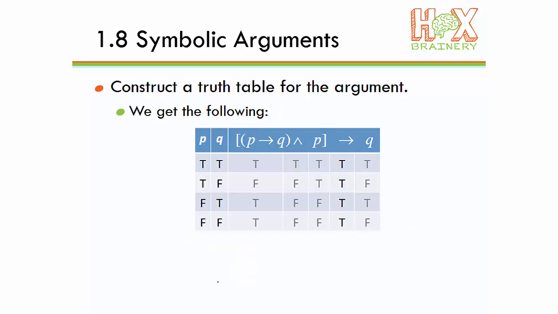Now that we have that, we build a truth table for it. So this was the conditional statement that we constructed out of our symbolic argument, and we construct the truth table for it. And then this column right here that I have darker than the other ones, this is the answer column or main column for the truth table for this symbolic argument.